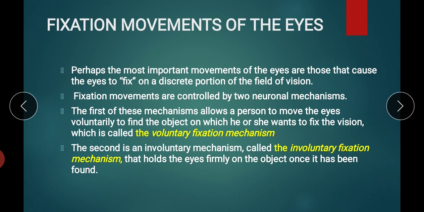So that our image of interest remains in focus with the help of the involuntary fixation mechanism. If our voluntary fixation mechanism is damaged, then it is difficult to locate the object of interest, and if involuntary is damaged, then it will be difficult to hold the image.